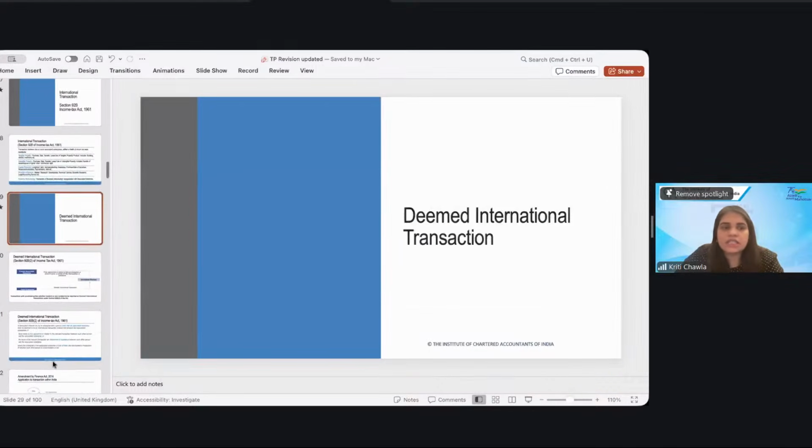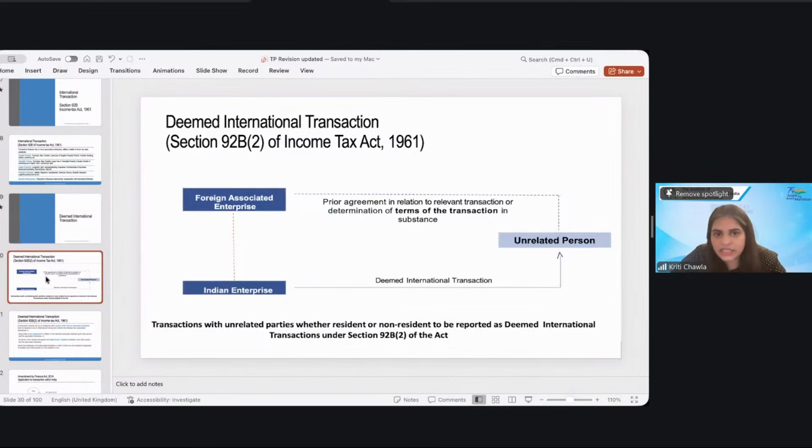The next concept is deemed international transaction. Now, this is Section 92B, subsection 2 of the Income Tax Act that talks about deemed international transaction. Now, the concept we'll try to understand with the help of this particular case study. Let's say that there is an Indian enterprise, and this Indian enterprise is transacting with a foreign associated enterprise.